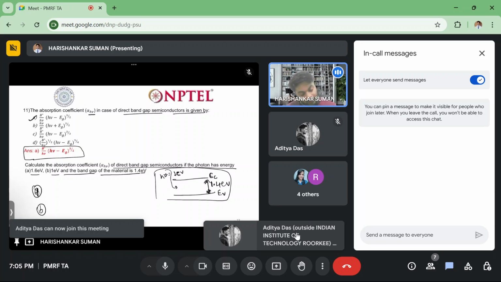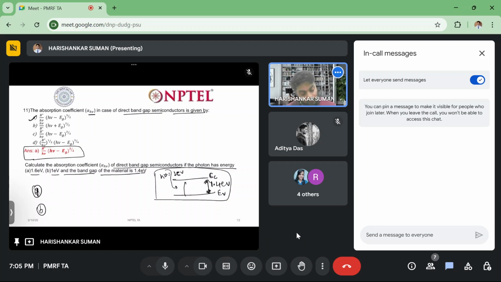You cannot excite the electron from valence to conduction band. Because the energy is less than the band gap of the material, B is 0. There is no absorption. This photon is transparent to this material.